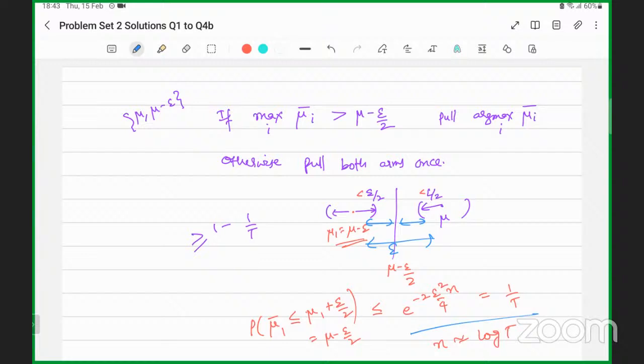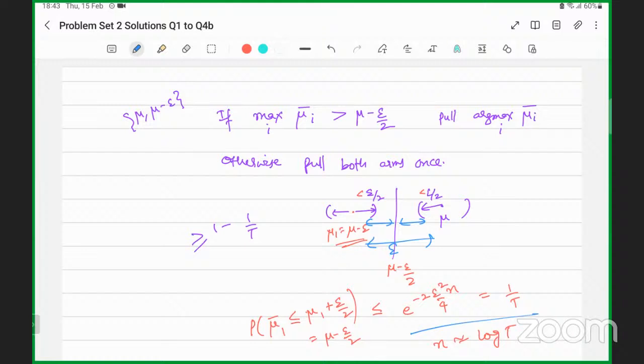If it comes this side, what will happen? There won't be any arm which will have more than mu minus epsilon by 2. Then both will be sampled for some time because we don't know when the right side arm will be sampled, right?